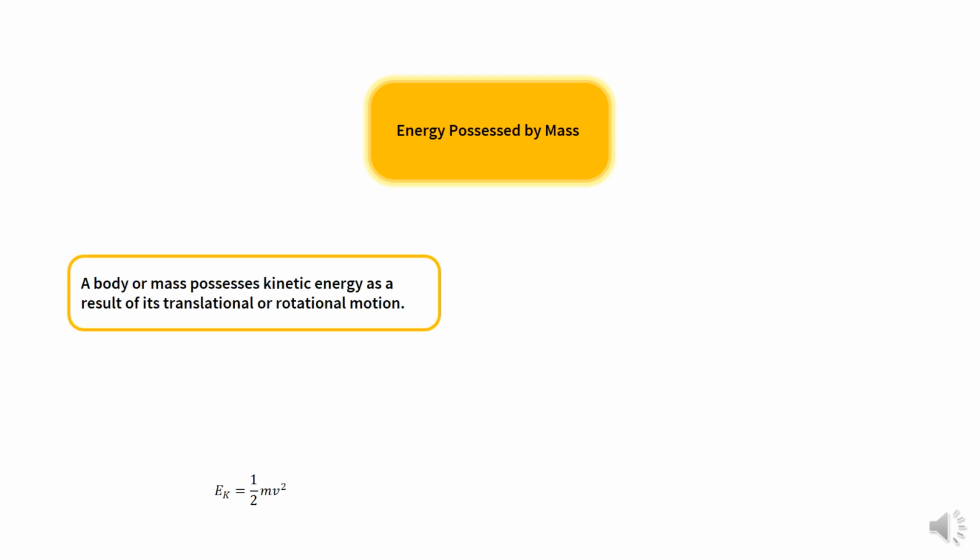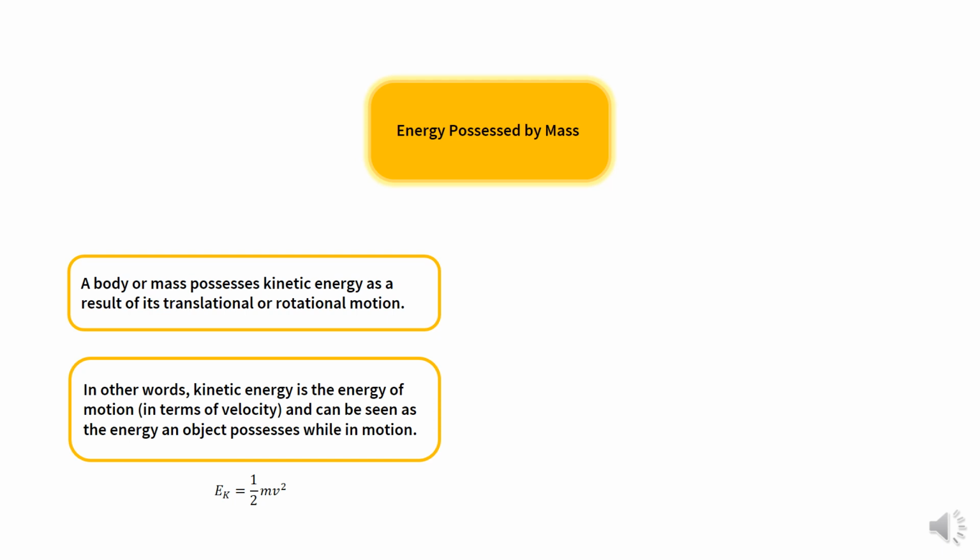Besides potential energy, a body or mass possesses kinetic energy as a result of its translational or rotational motion. In other words, kinetic energy is the energy of motion in terms of velocity, and can be seen as the energy an object possesses while in motion.